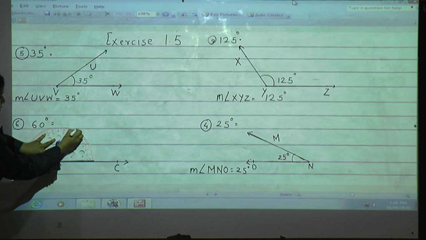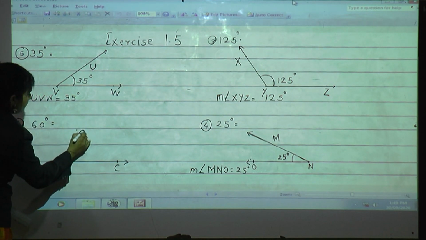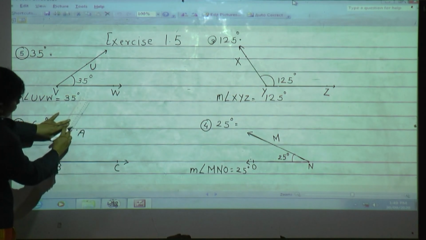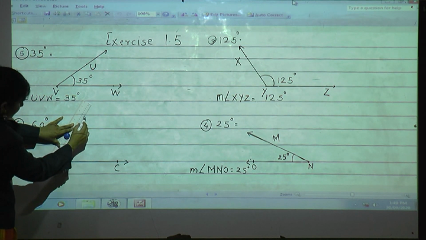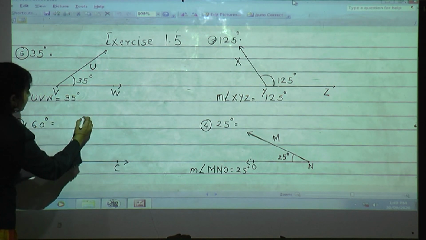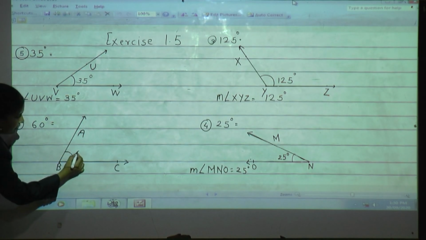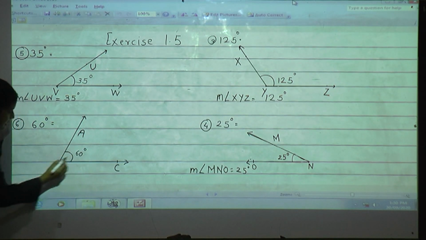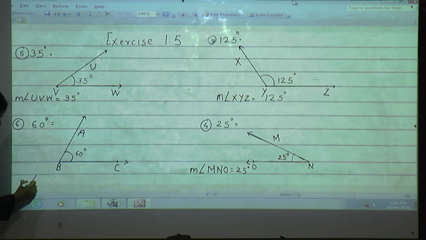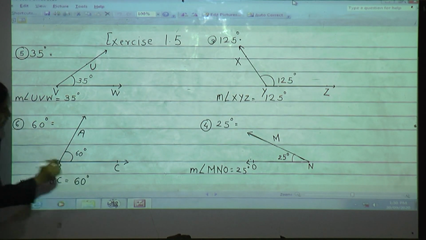So make a dot and join it. Give the name point A. Join this one. So our angle ABC is equal to 60 degree. Measure angle ABC is equal to 60 degree.